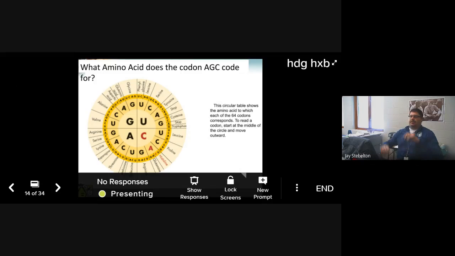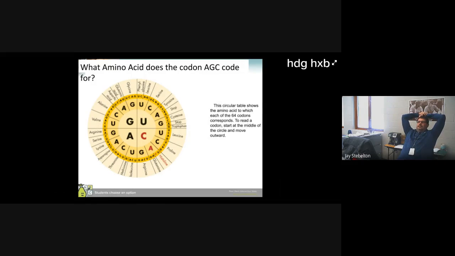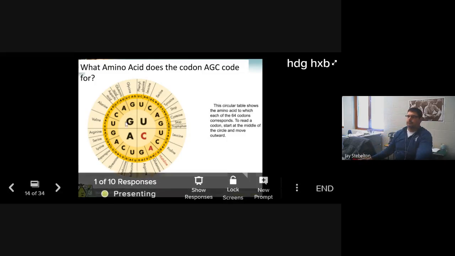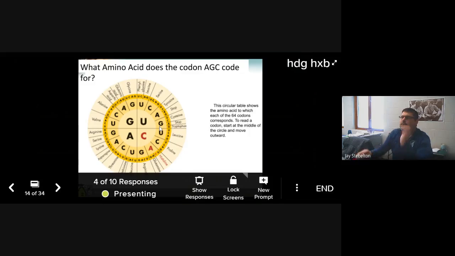Oh, do this one. Here's an actual pair deck. AGC. Follow it from the middle out.